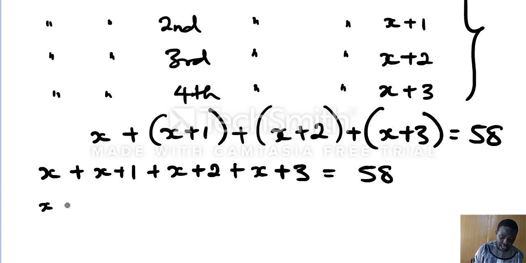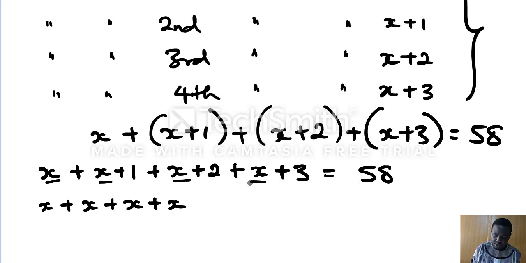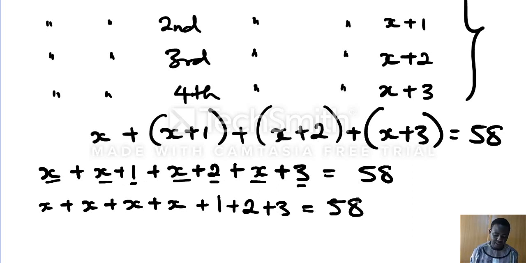That is x plus x plus x plus x. I have picked this plus this plus this plus this, which will be in front, followed by plus 1 plus 2 plus 3. That is this plus this plus this, being equal to what? 58.